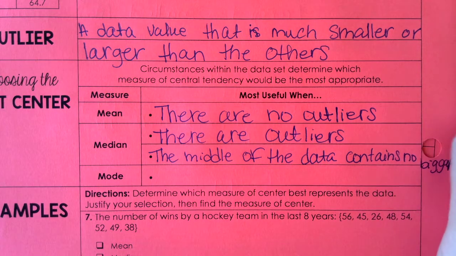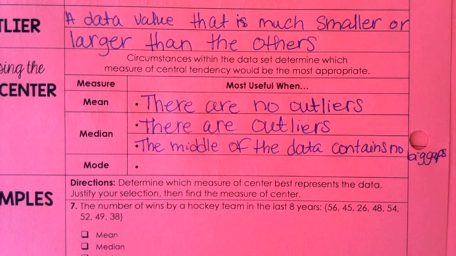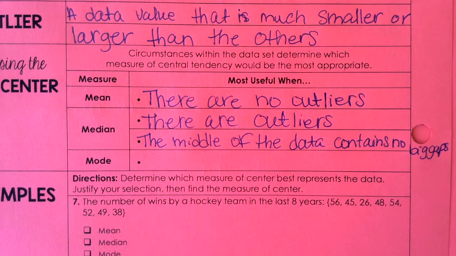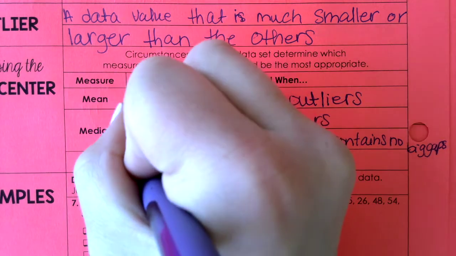So what that means is our numbers are pretty close together. And then it's most useful to use the mode when the data has many repeated values.